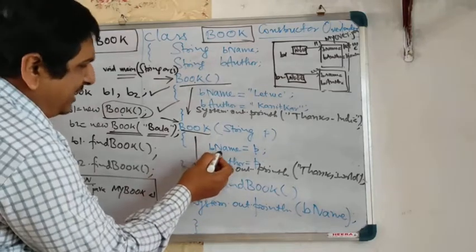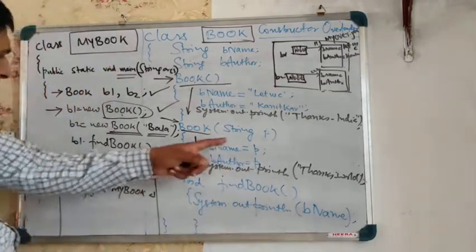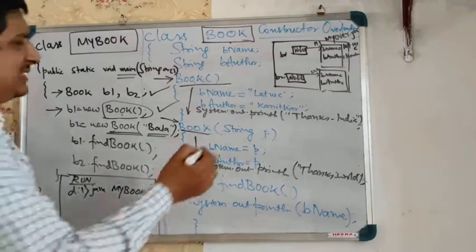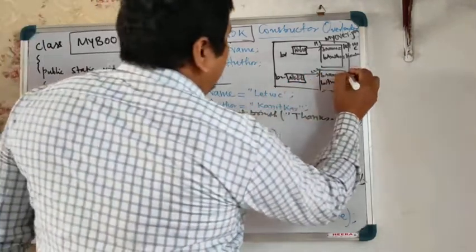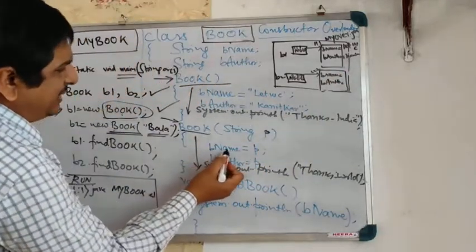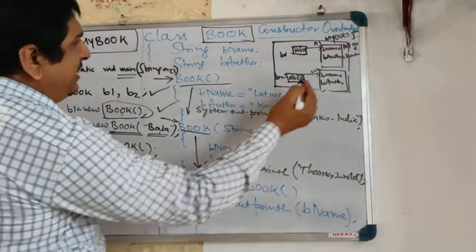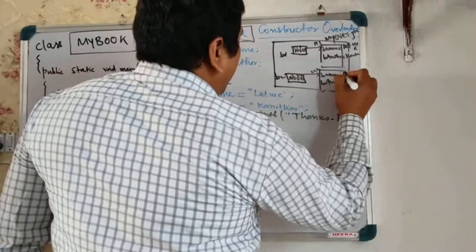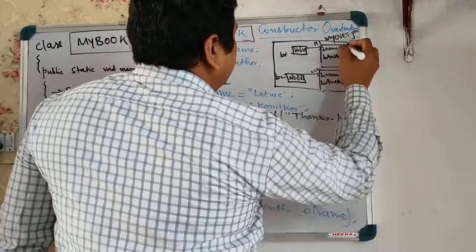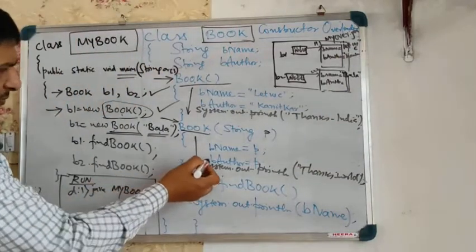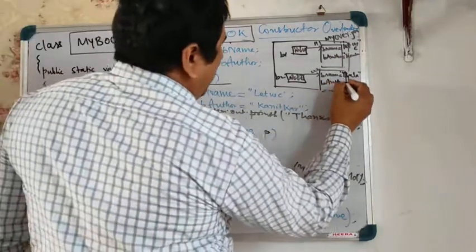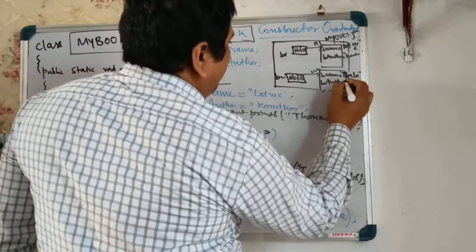First, B name equals P. What is P? Basically Bala, because I am passing it with this. So P contains Bala, so B name will contain Bala. And then B author equals Bala, so author is also Bala.